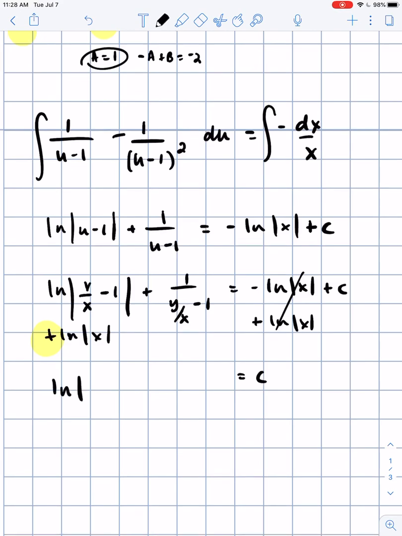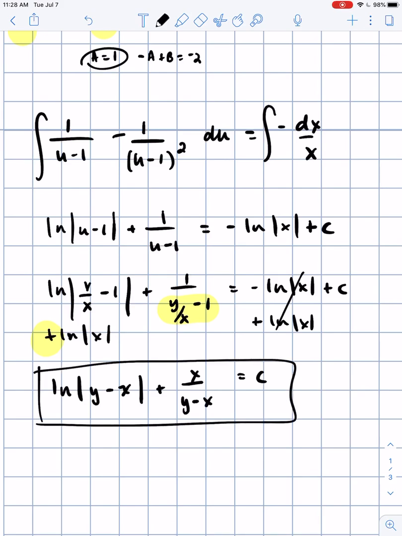So I'm going to get ln of y minus x, and then simplifying this complex fraction, multiply everything by x, and you get plus x over y minus x, just so that it looks a little cleaned up. Okay? All right.